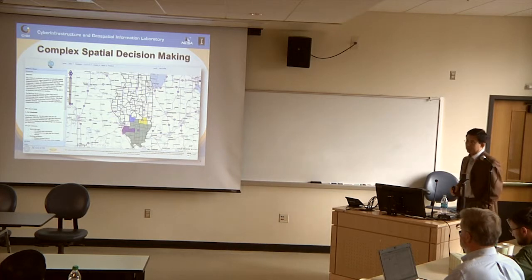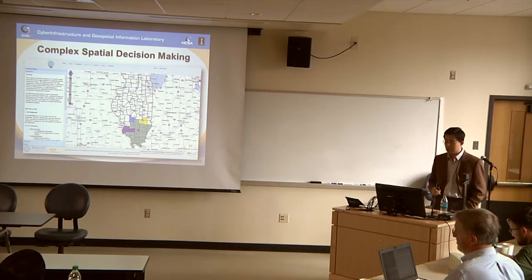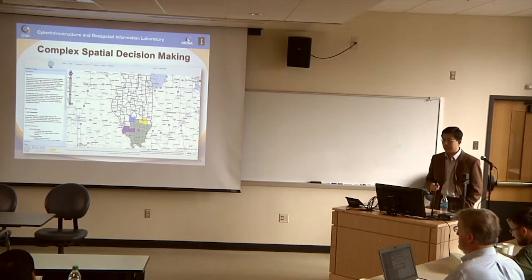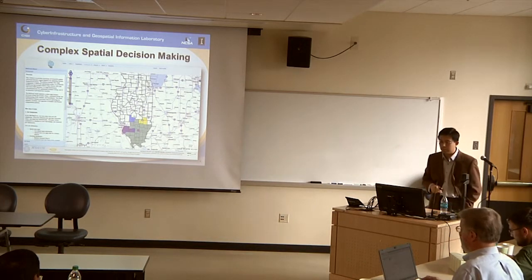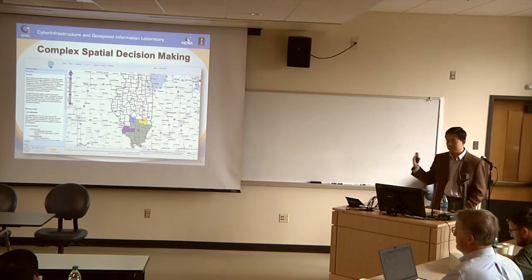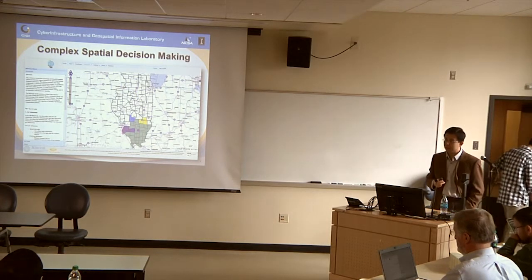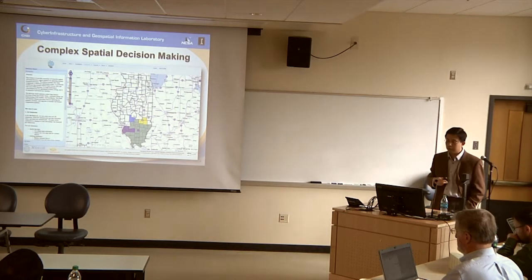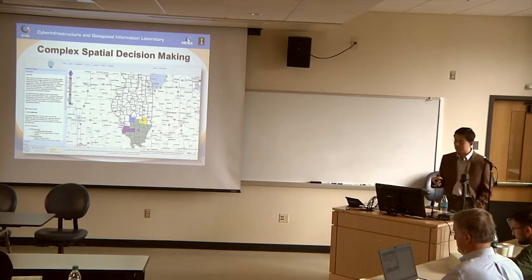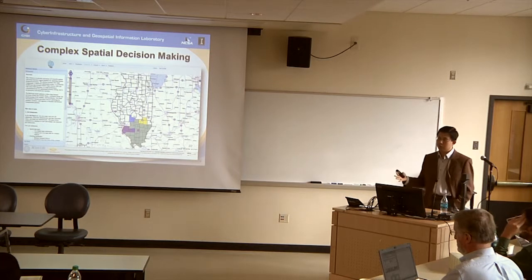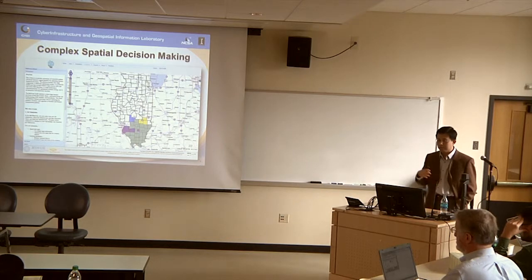So the third problem is what I call complex spatial decision making. You probably have visited this poster last night by graduate student Hao, who is in the room, and Tao. They are working together, advised by a bioengineering scientist and also myself, to understand how you pull together different biomass, bioenergy information to optimize logistics, particularly supply chain, for making decisions about where biorefinery facilities and biomass processing facilities are.